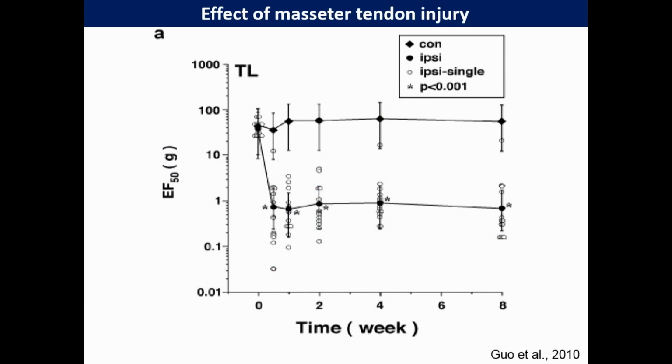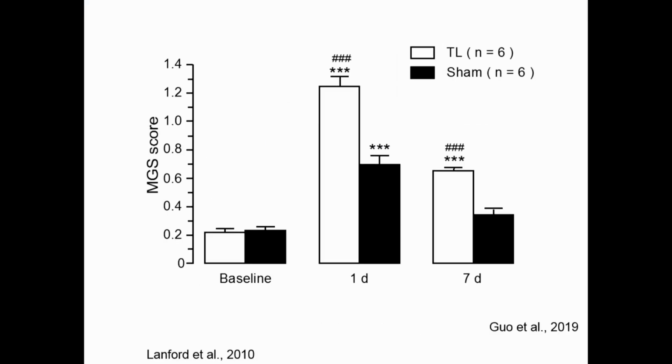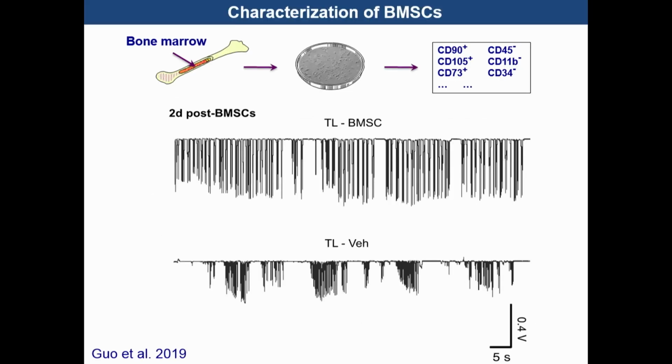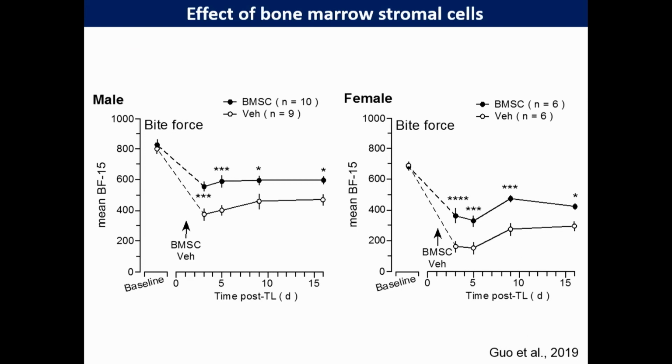So the result is you have long-lasting mechanical pain after injury. I'll go through quickly: facial expression, bite force, and also the pain can be reduced by some manipulations. In this example, we used bone marrow stromal cells to reduce the pain.